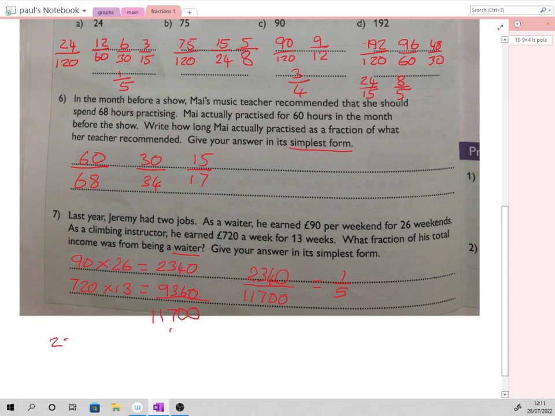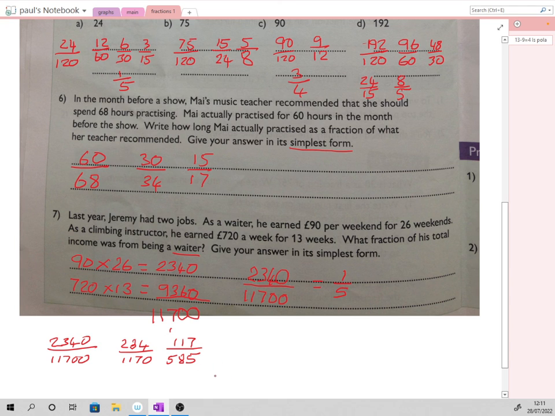Otherwise, we've got 2340 over 11700. I'll take the zeros off to get me 234 over 1170. Then divide by 2, it's 117 over 585. And then I'm struggling now.